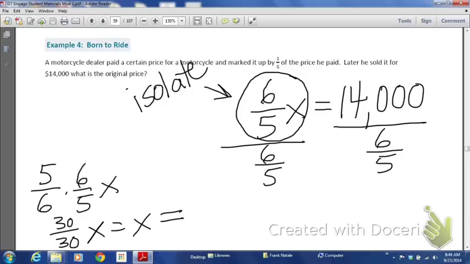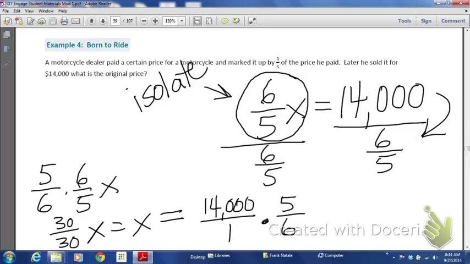And again, if I'm going to divide 14,000, I'll put it over 1 to make it easier. Dividing 14,000 by 6/5 means I am actually multiplying 14,000 by 5/6. Let me go ahead and do this here.